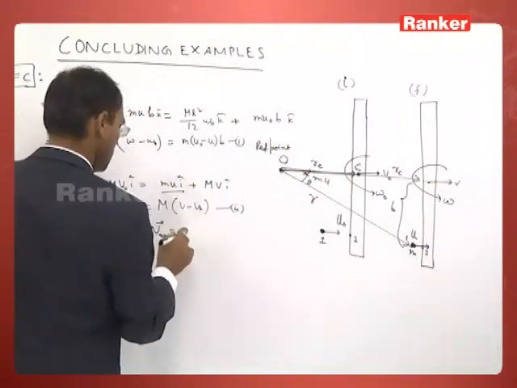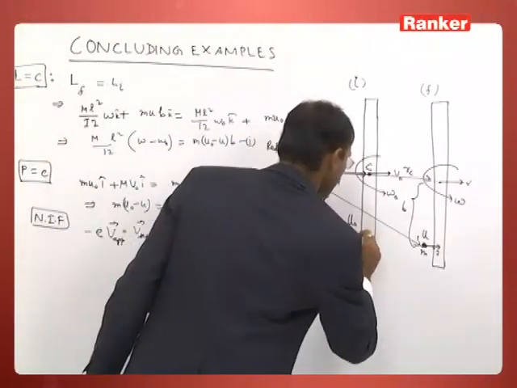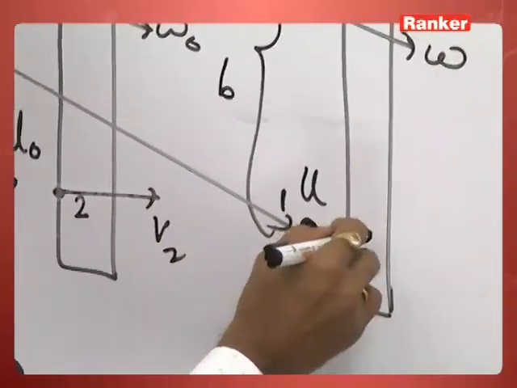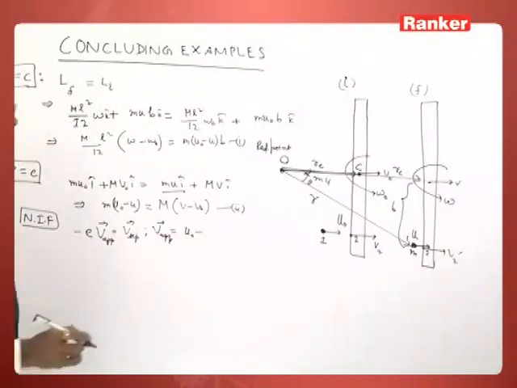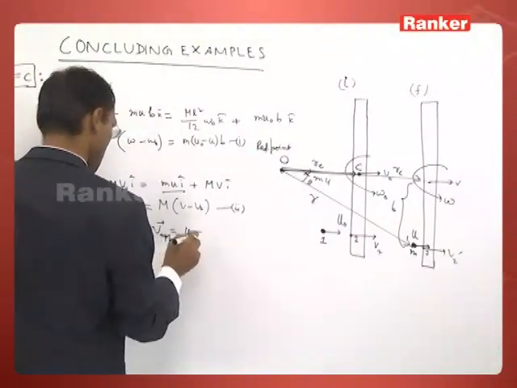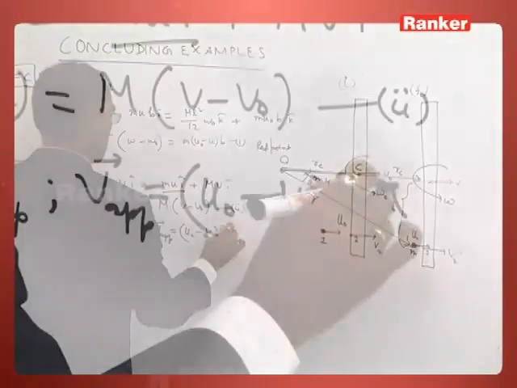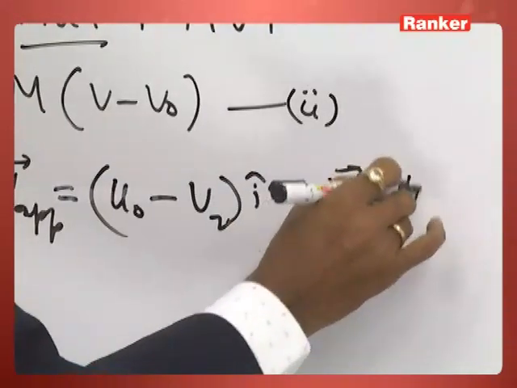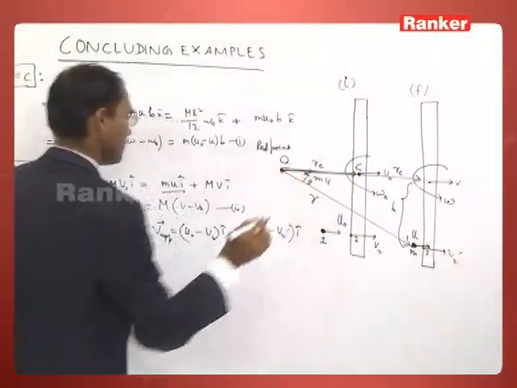Let the point on the particle be 1 and the point on the rod be 2, with velocity v2 before and v2 dash after. So the approach velocity is u naught minus v2 i cap, and the separation velocity is u minus v2 dash i cap.